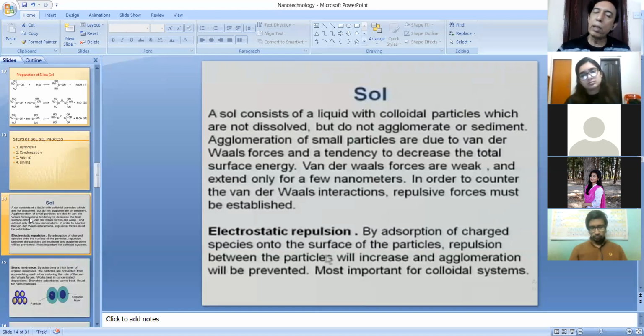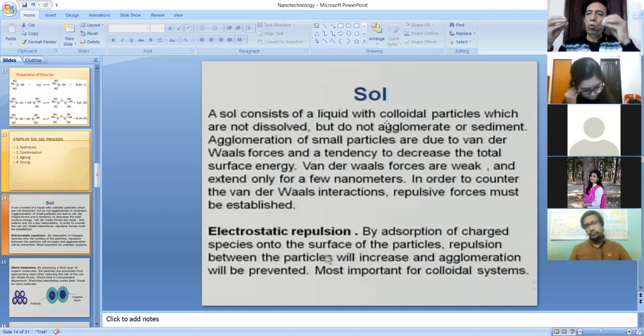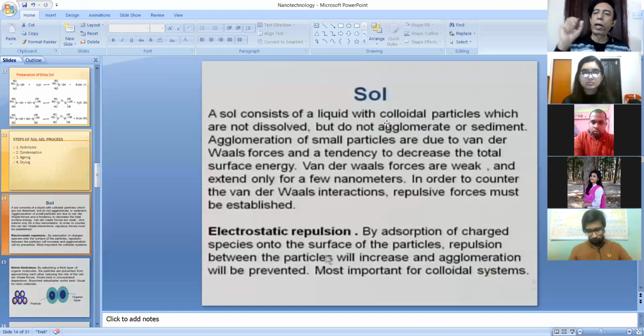Now, another thing is agglomeration. Agglomeration means one particle is attached with another particle to form a big molecule. One small sol agglomerated with another small sol to form a big molecule. That is called agglomeration or coagulation, whatever you can say.